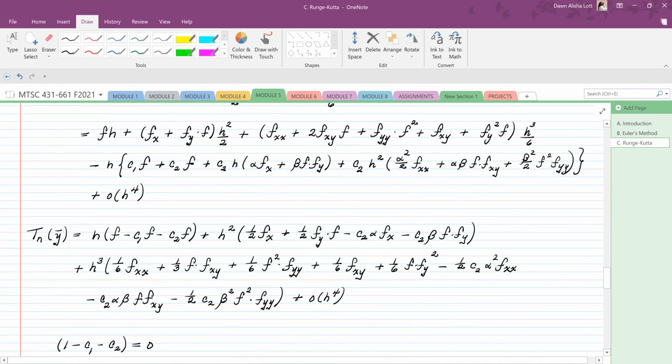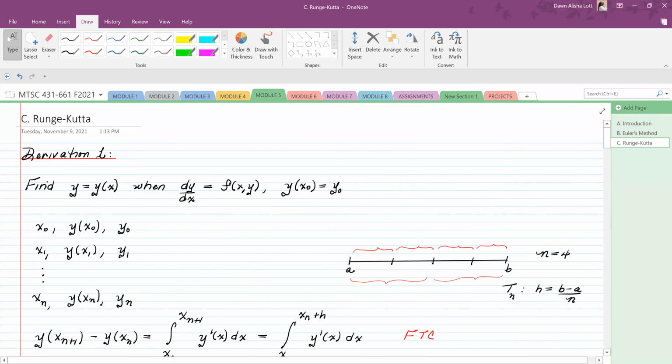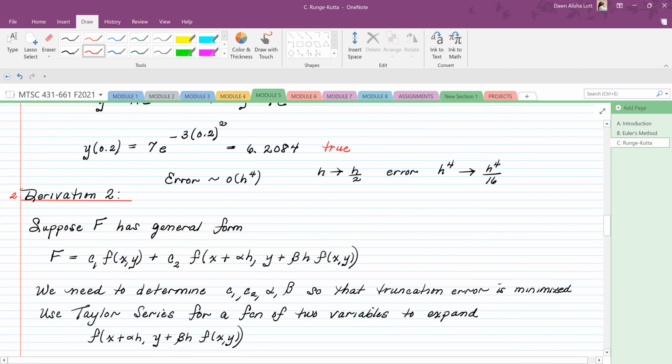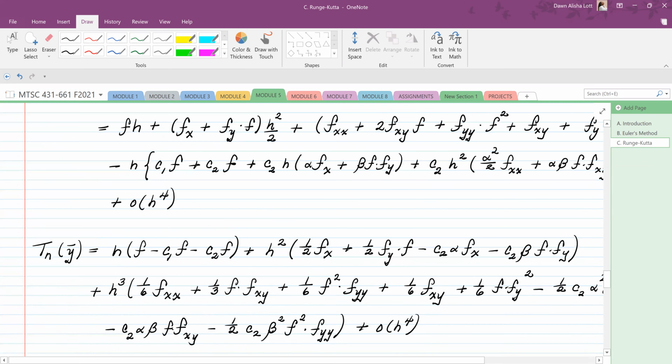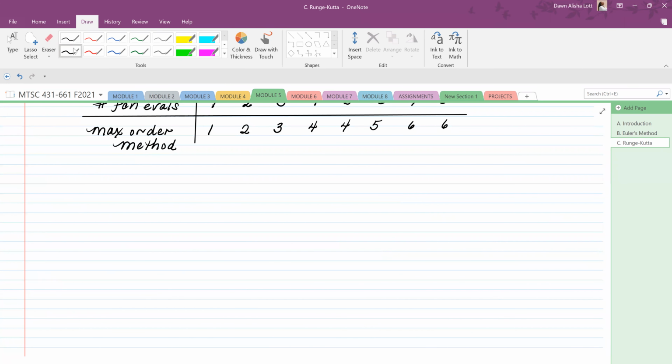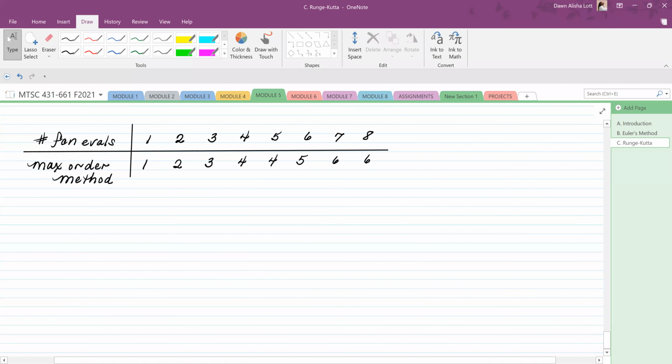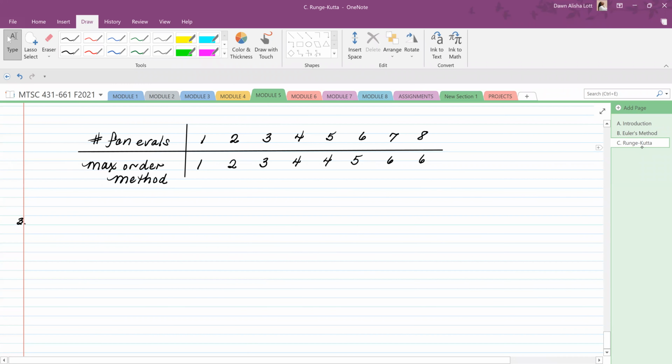So we did derivation 1 and derivation 2, and then 3 is going to be the fourth order Runge-Kutta method.